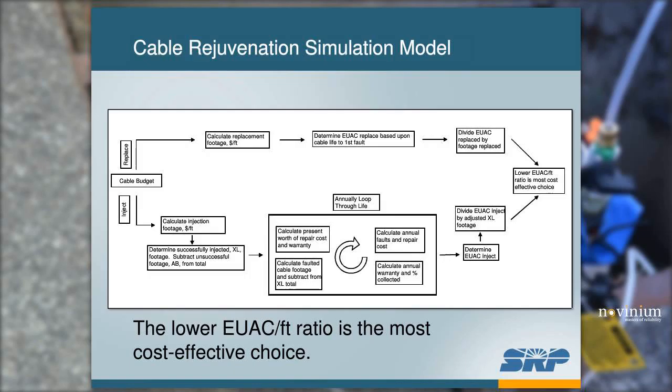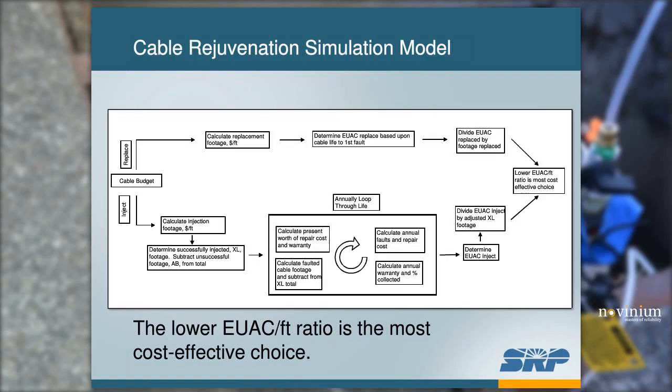And so what we'll do is we're going to take that cable footage that's still successful into this loop, and we're going to calculate how many faults are going to occur on that cable from our Crow-AMSAA, what our repair costs are going to be from that, how much warranty we're going to collect from that faulted cable.